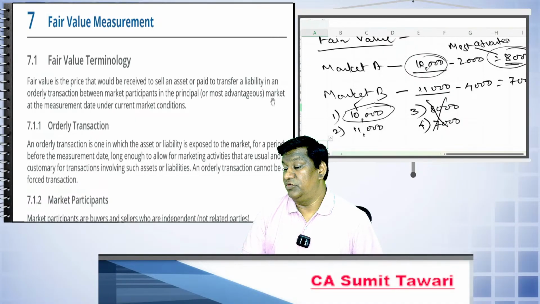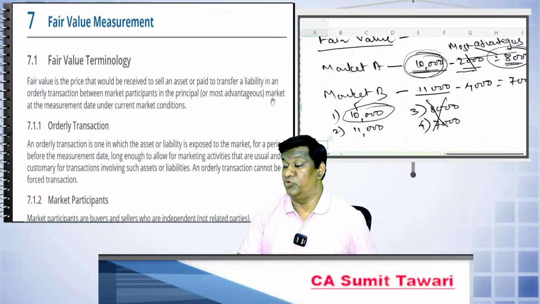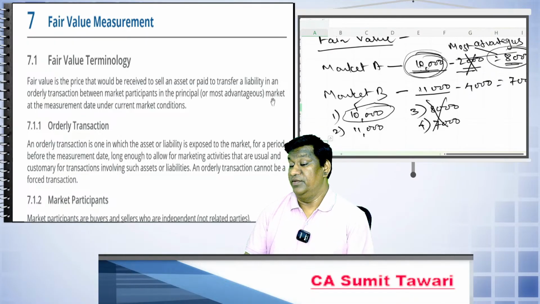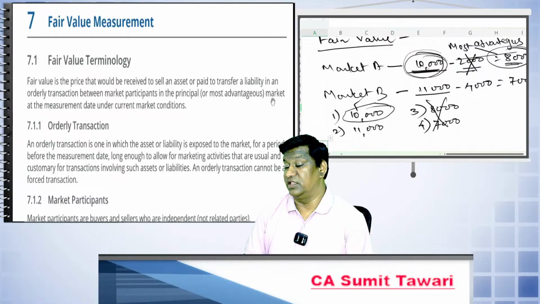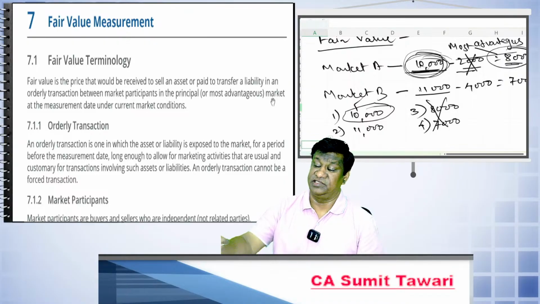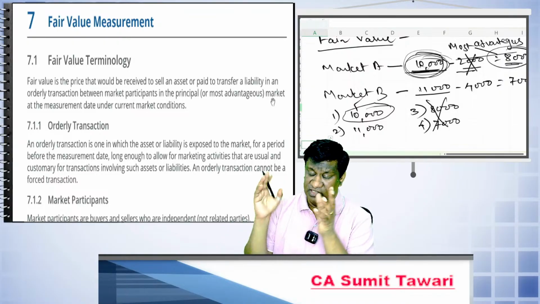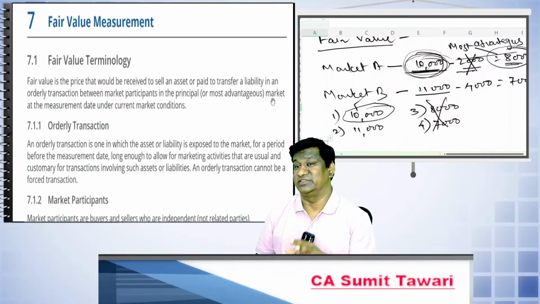I need to pick the value from the most advantageous market, and the value of the asset is the selling value, which is 10,000. I am going to incur the expenses later on, so I am not going to consider them. So I need to value my asset at 10,000. When I sell, at that time I incur the transportation or whatever expenses, and then I consider the profitability.